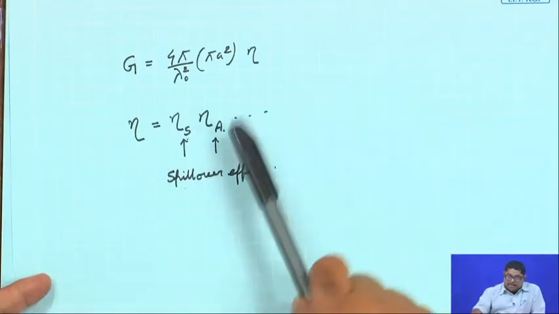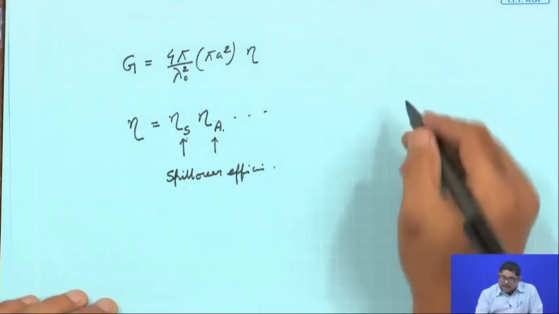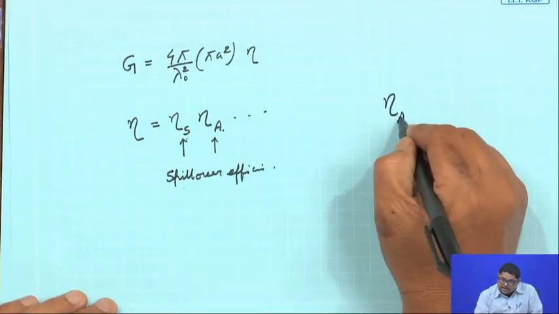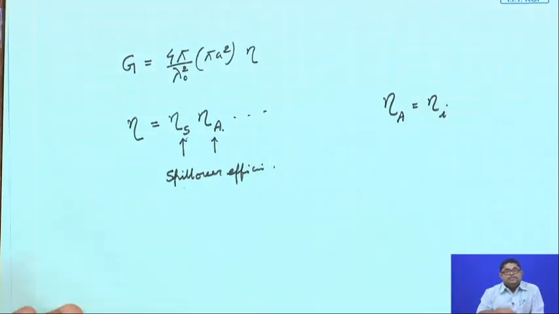Aperture efficiency is the violation of all these. So aperture efficiency will comprise the illumination efficiency, because we have seen that there is a taper, and it is desirable from the application point of view.